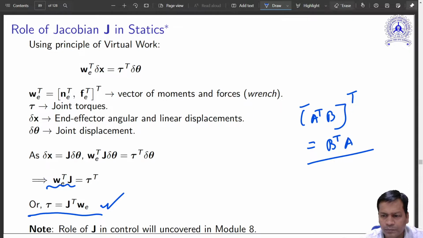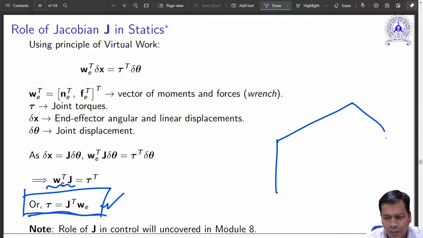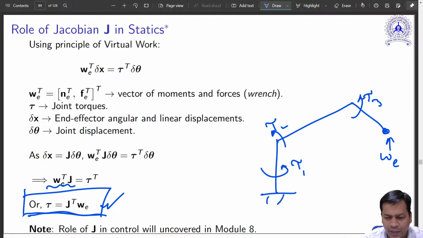Got it? So now this is a standard relation. If you have a robot with a wrench acting from outside, a vector of moments and forces, and the torque generated at the joints, that is the effect.